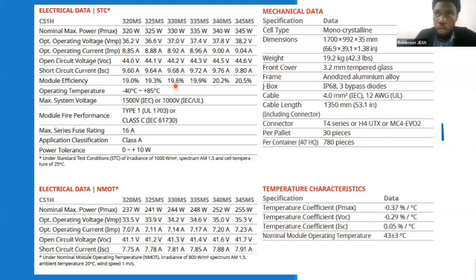Once we know the total amount of energy that we need, we can have the amount of power of our system. And once we have the amount of power of our system, we can choose which type of panel we are going to use in terms of power, in order to know the number of photovoltaic modules that we will use in our system. So it is a way to do that.